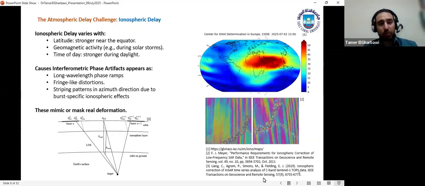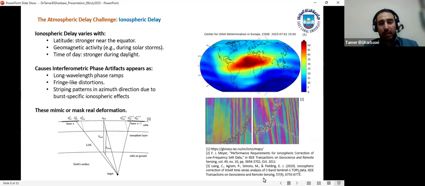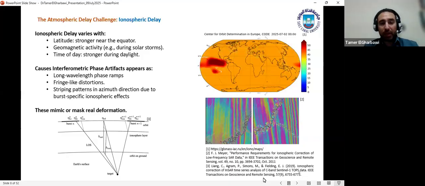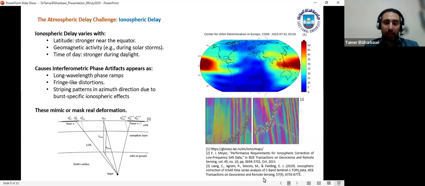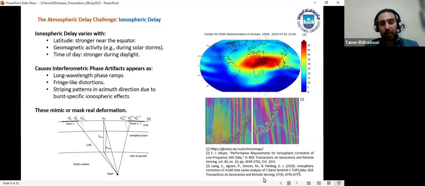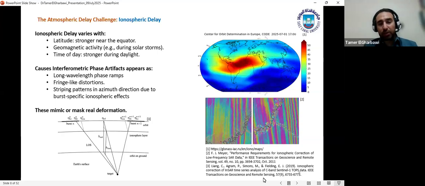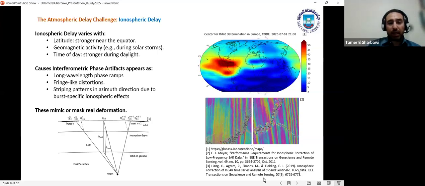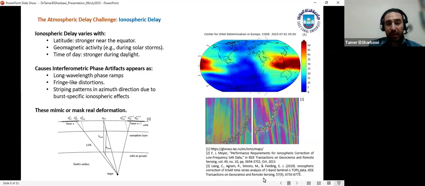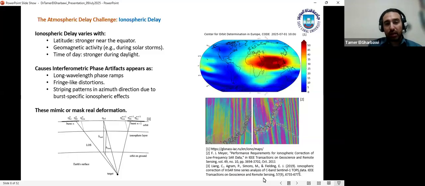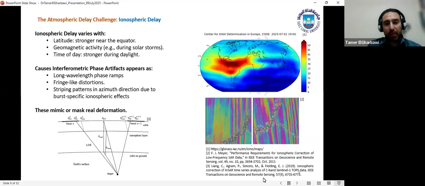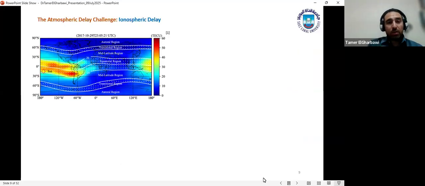I'm going to talk about this wavelength dependability. It can cause some kind of fringes. It can cause a striping pattern, and even in other sensors, because of the look direction of the pixel or the image itself, the signal can pass through one ionospheric delay at the beginning of the swath and another pattern at the end of the swath, which can make the pixels blurry.